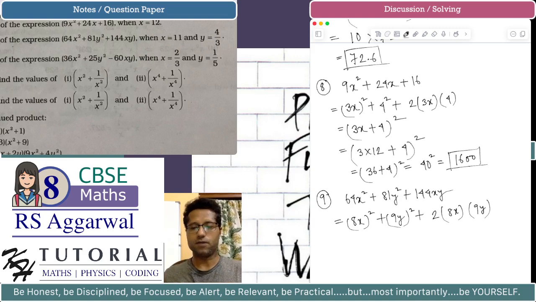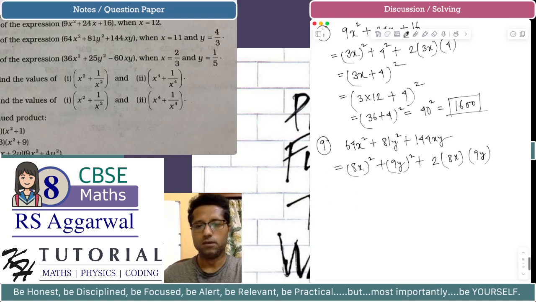So we have a square plus b square plus twice ab. So this will be equal to 8x plus 9y whole square.